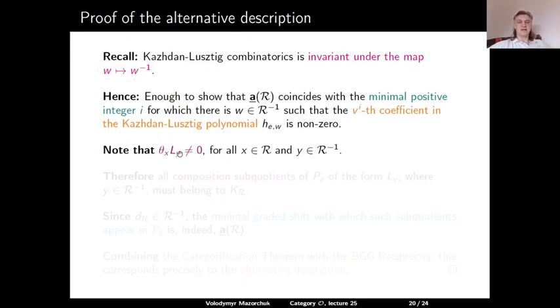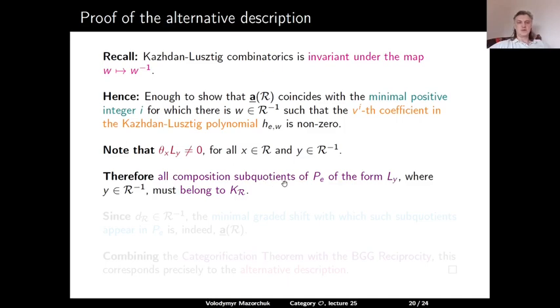Note that theta_x L_y is non-zero for any x in R and y in R inverse. So this follows from our criterion for when the action of a projective functor on a simple module is non-zero. From this property, it follows that all composition subquotients of P_e of the form L_y, where y is in R inverse, must belong to K_R.